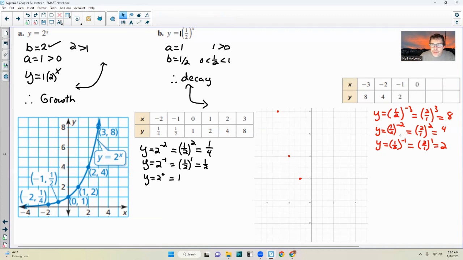And then we're going to choose 0. But think of that, it's 1/2 to the 0. Anything to the 0 is 1, and we're going to go through the point (0, 1). Okay, so we're always going to have (0, 1) unless there's something added onto the side, which gives us a shift or something like that. Okay, so then we're going to go to 1. Well, 1/2 to the first power is simply a half.